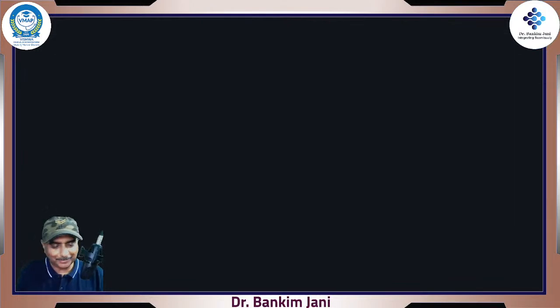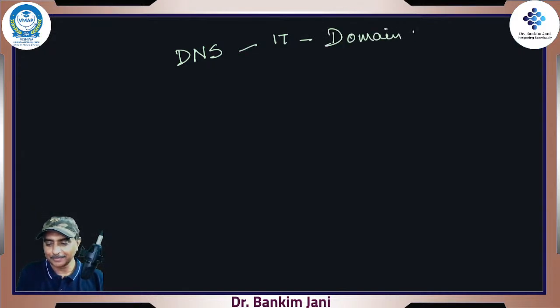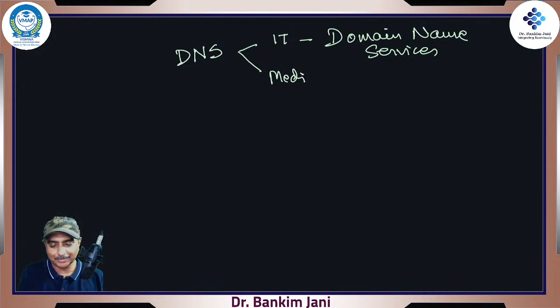There are certain terminologies, say for example, DNS. In IT, DNS is called the domain name services, and the same abbreviation is used even in medicine, where it is deviated nasal septum.